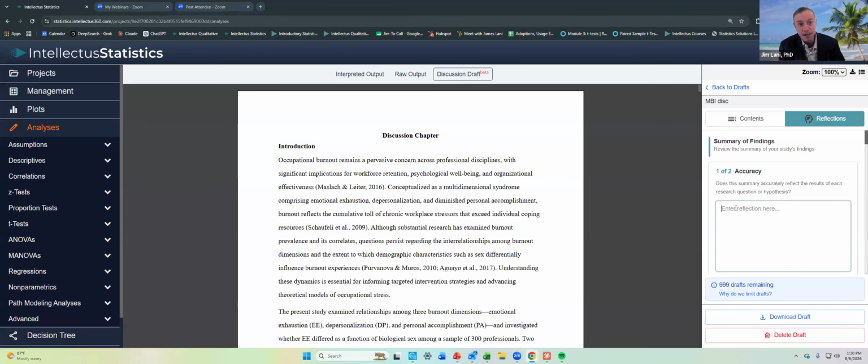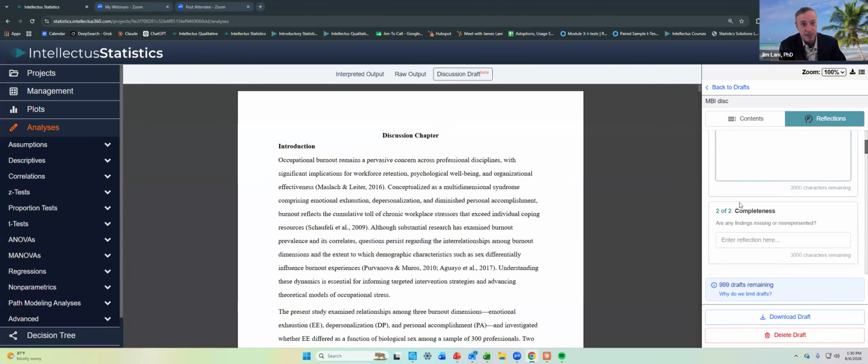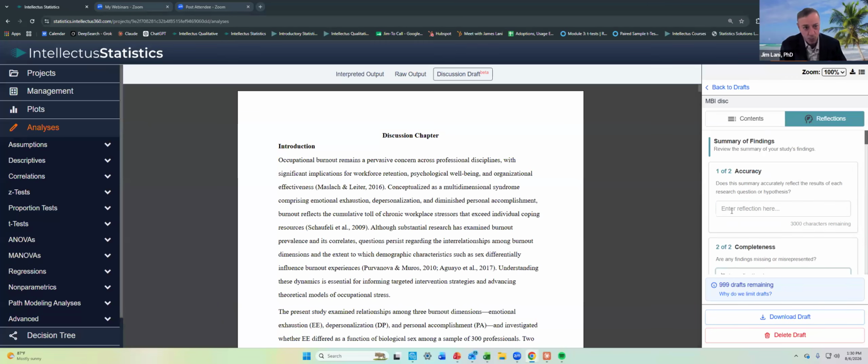So they would enter in their answer here and then go to the next one. Let me just put a placeholder answer here. Can I do better than that? Probably. So I'll say yes, the research questions were fully evaluated with assumptions.